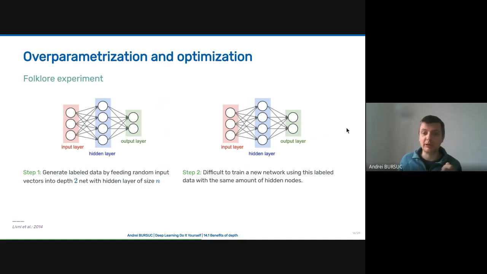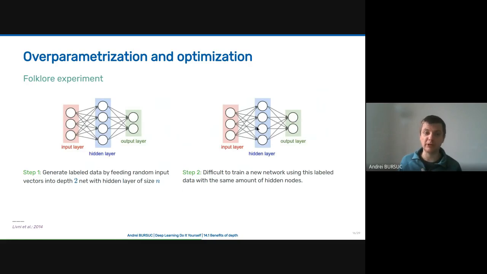So I try to train it with SGD for a long while, and what we realize is that if these two networks have the same size, the problem for the second is quite complicated. However, if we just add more neurons or increase the depth of the network, the problem becomes quite easy for the second network.